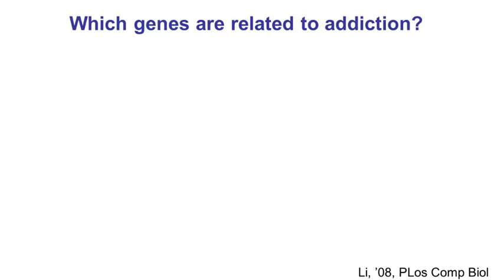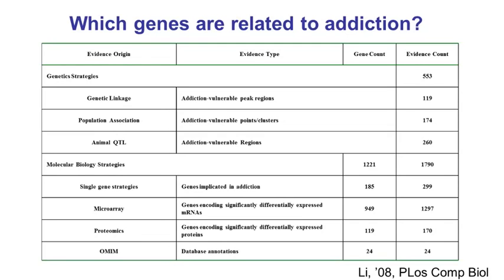To answer this question, we first gathered genes that are related to addiction. Chuanyun read about 1,000 papers and collected all the genes that had been linked to addiction in literature. There are two main types of experimental evidence.